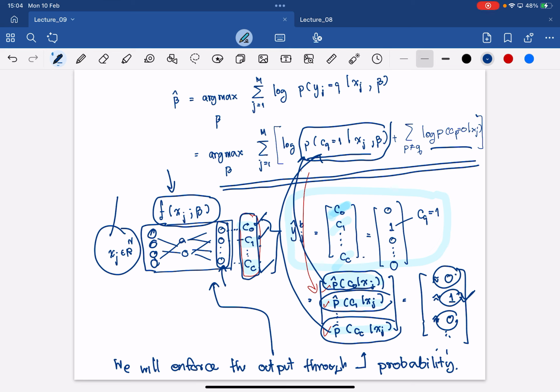So if we do it this way, it will enforce deep learning to provide the probability of each class. Then the question is, how can I know that deep learning is providing us the correct class? Let's say if this one is 1 and the rest is 0, it looks correct.